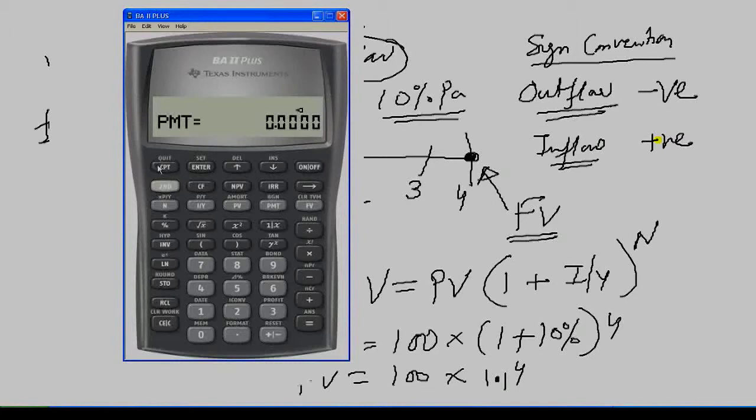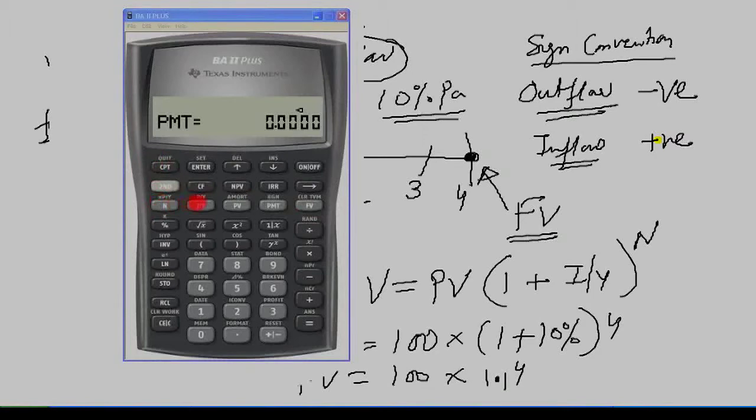PMT is 0. Now you compute future value. Because future value is what you have to find out, there is a button called CPT. CPT means compute. So before performing calculations, you have to press this button CPT. After pressing CPT, if you press FV, this will get computed.